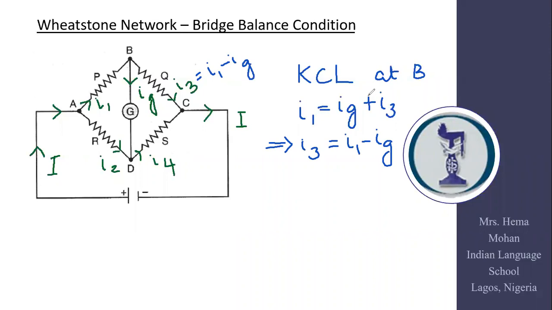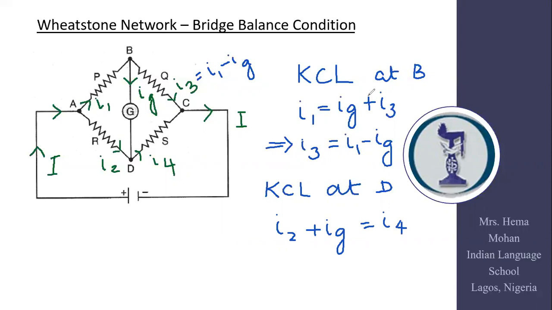Hope I'm clear, children. Now let's look at junction D. I'm going to now apply KCL at junction D. Again, what do we know? We know that the currents flowing into the junction are equal to the currents flowing out of the junction. So I can say I2 plus IG is equal to I4.